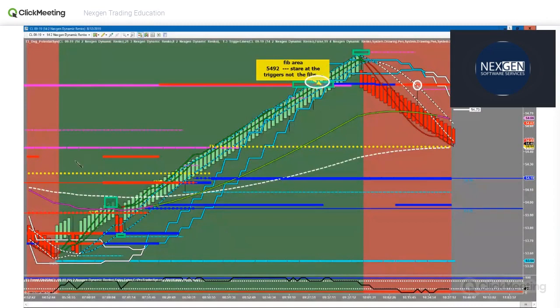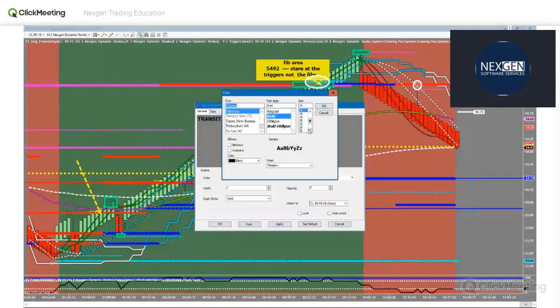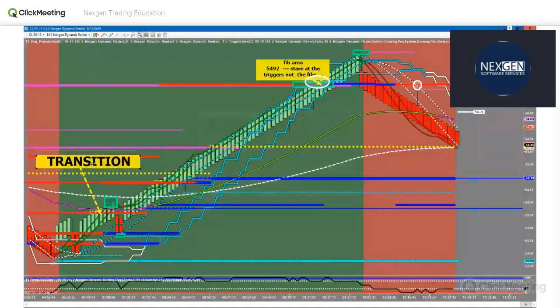So again, look, Eddie wrote it out first, but I'll write it out again just to show you. The trigger line configuration first and foremost, which is rule number 1, is transition to the upside.